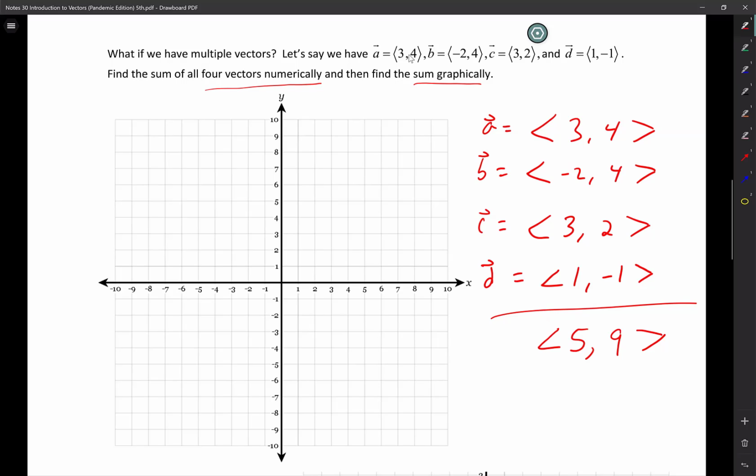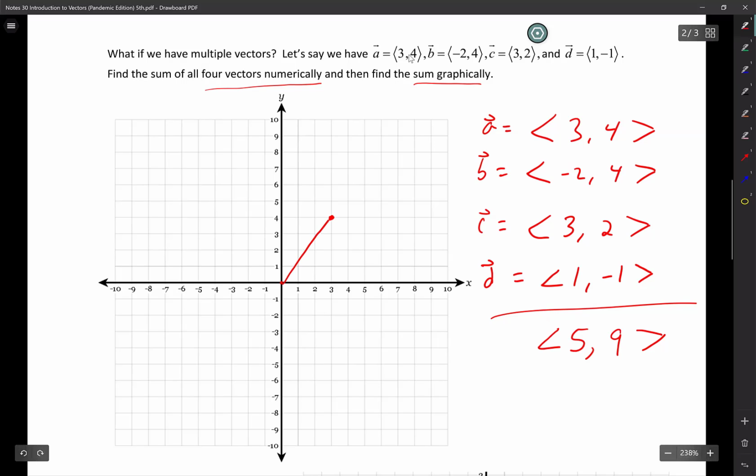If it's okay with you guys, I'm going to use all one color here instead of writing A, B, C, D. So here we go. Vector A is 3, 4. So I'm going to start at the origin and I'm going to go to 3, 4. So 1, 2, 3, 1, 2, 3, 4, point.